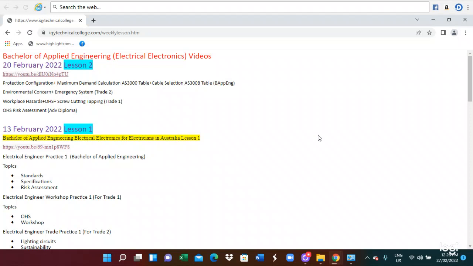Regarding electrical engineering trade practice, for the Bachelor of Applied Engineering, we explain the specification development as well as the solution, configuration, and production configuration setting. For trade 2, we explain the heater and also lighting. For trade 1, we explain working at height and use of the ladder.